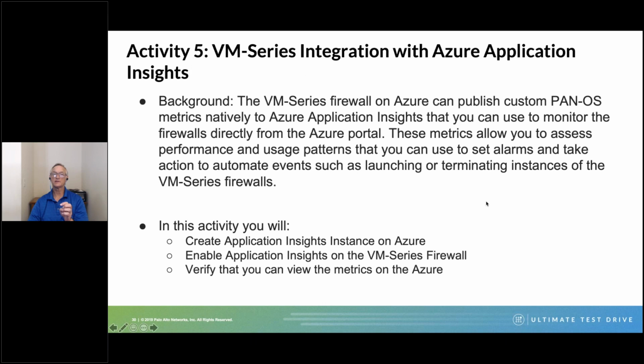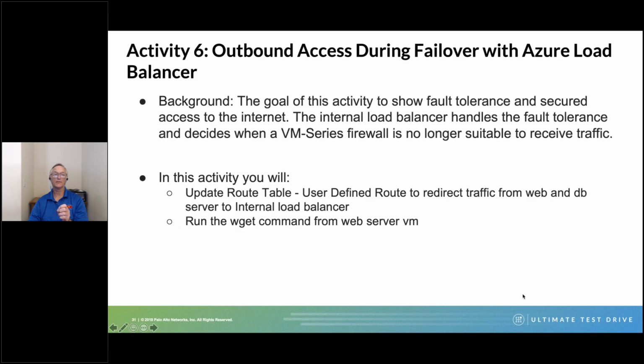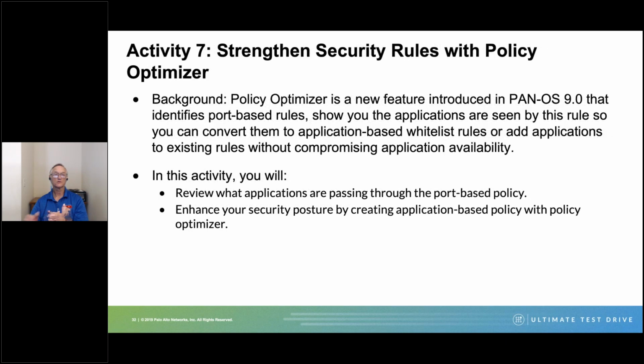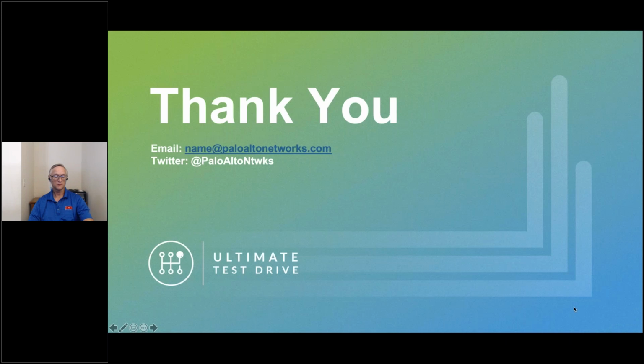Then we'll look at the integration with the Azure Application Insights. Then we'll look at outbound access failover using the Azure Load Balancer and the VM-Series firewalls. And then we'll strengthen security rules with a policy optimizer. And then lastly, the response forms.